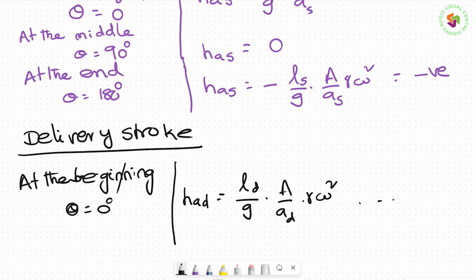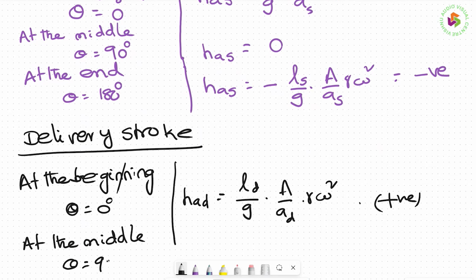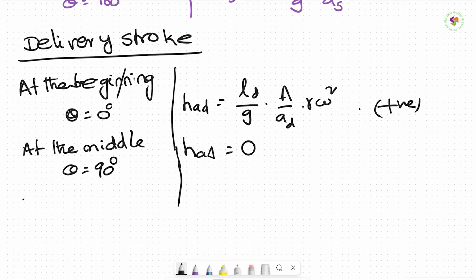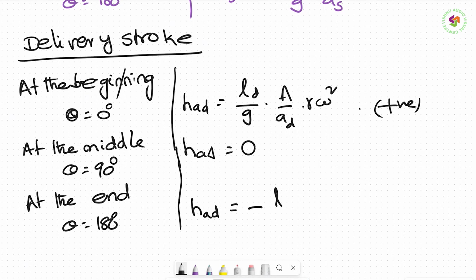So this is again positive. At the middle, theta is equal to 90 degrees, HAD is equal to 0. And at the end, theta is equal to 180 degrees, so HAD is equal to minus Ld by g, A by Ad, R omega square.